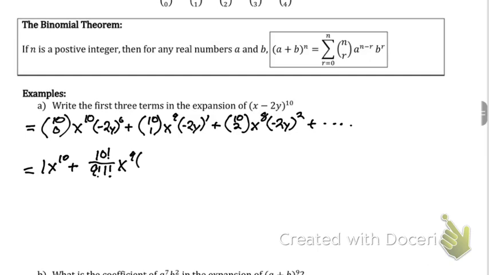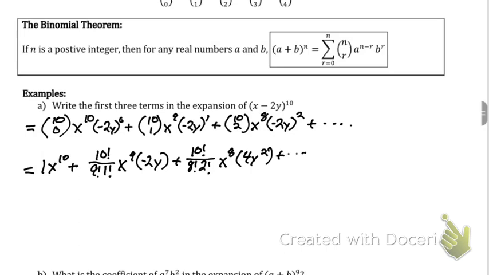Negative 2y to the first is just negative 2y. Then we'll have plus 10 choose 2, which would be 10 factorial over 10 minus 2 is 8 factorial, times 2 factorial, times x to the 8th. Negative 2y squared turns out to be a positive 4y squared.